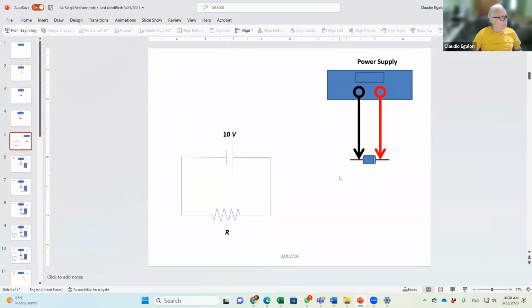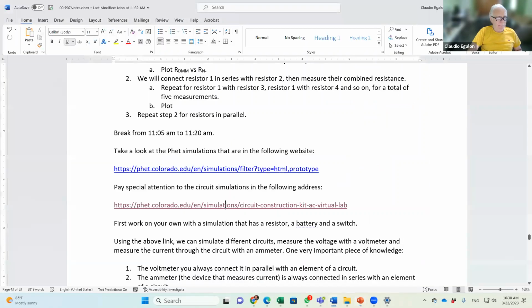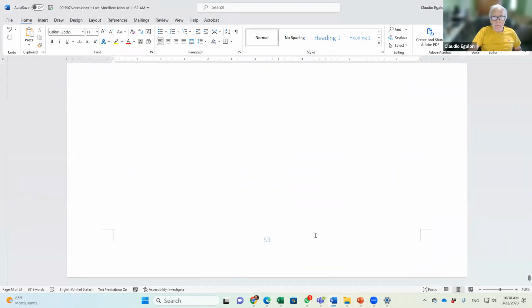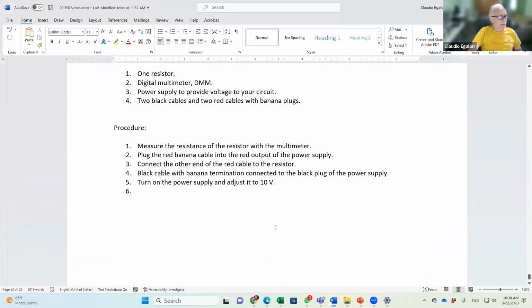What are we going to do next? Right now, we're not doing any measurement whatsoever. Turn on the power supply and adjust it to 10 volts. The current should start flowing in the circuit.